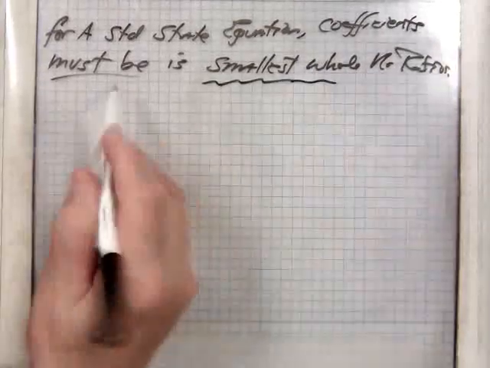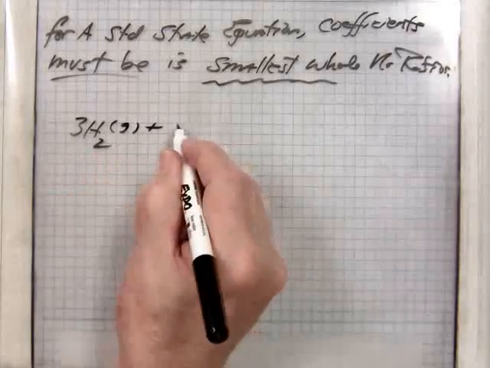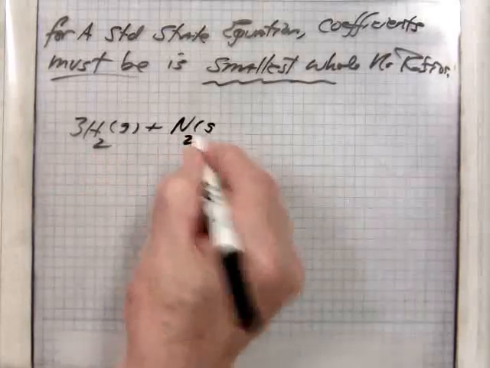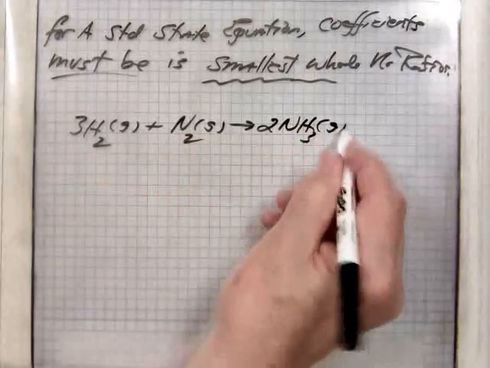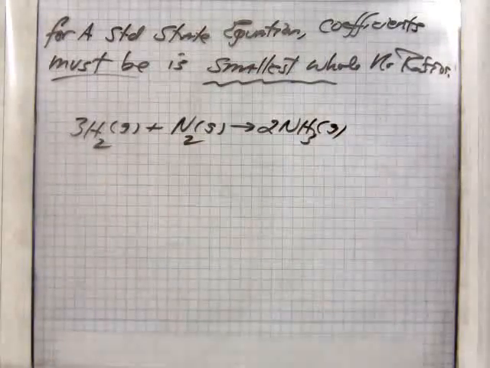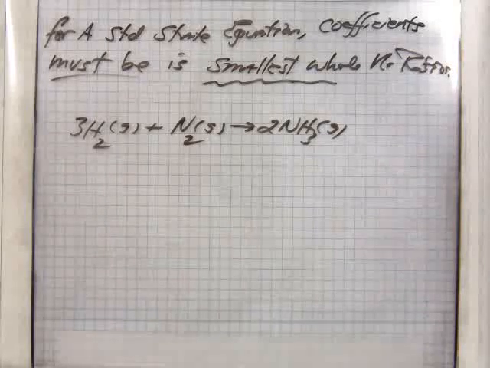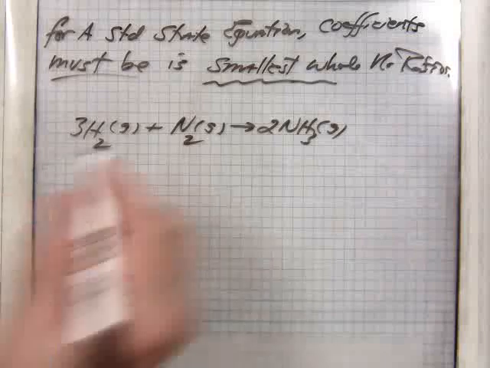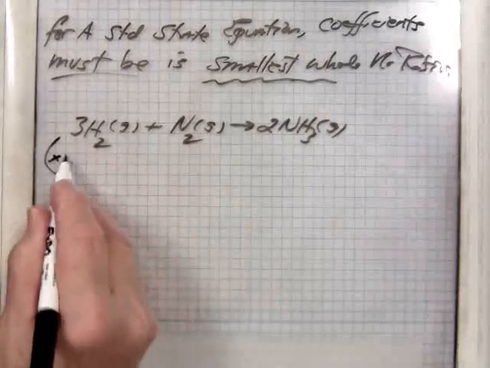Go back to the ammonia production. You can't reduce the coefficients any further than they are now. They have to be in the smallest whole number ratios, and of course you can use fractions, but that's not the standard equation. Now I can use multiples of this by multiplying by 2.